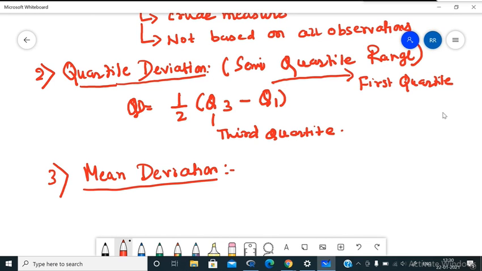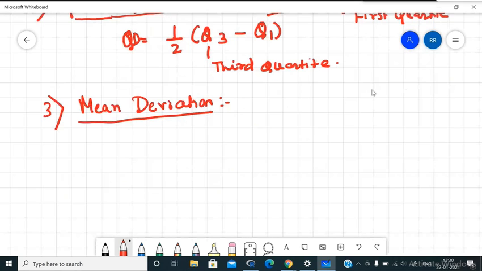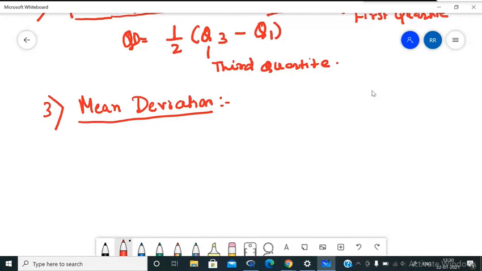Suppose you have data in the form of a frequency distribution x1, x2 up to xn, and frequencies are f1, f2, up to fn.